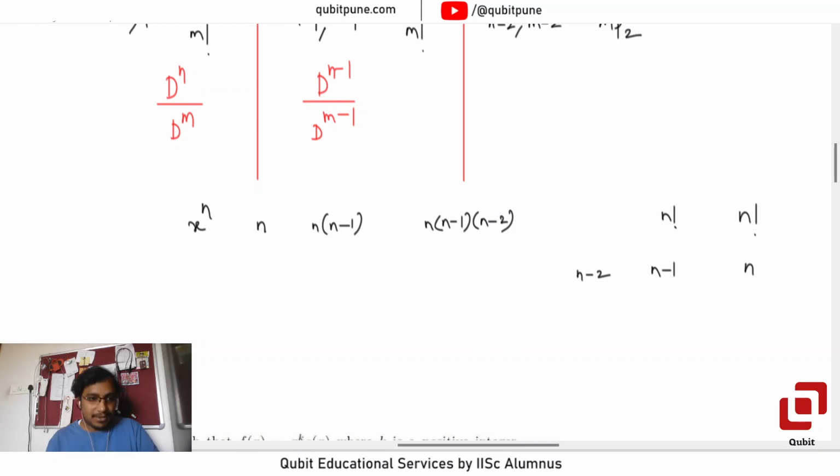Okay, wait. Need to spot the pattern. So this is the first derivative. This is the second derivative. This is the third derivative. Okay, that is nP2. Let's see what nP2 is. n factorial upon n minus 2 factorial.